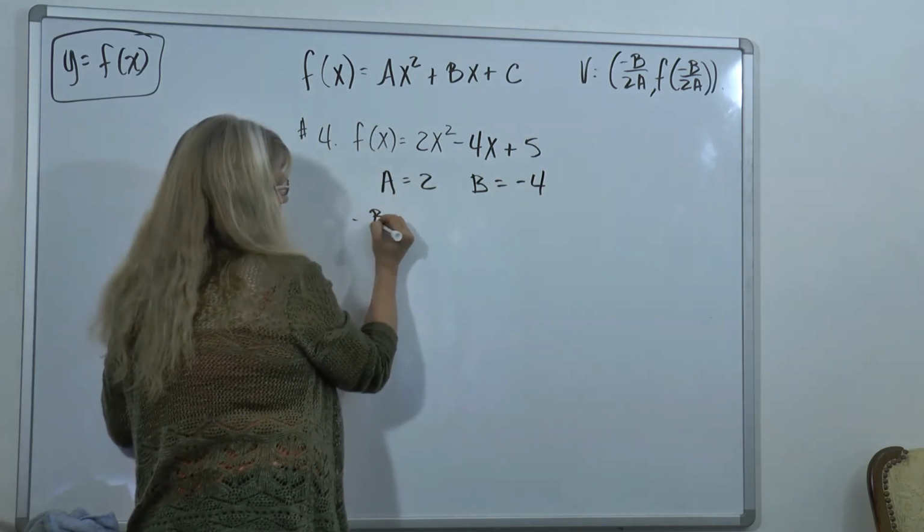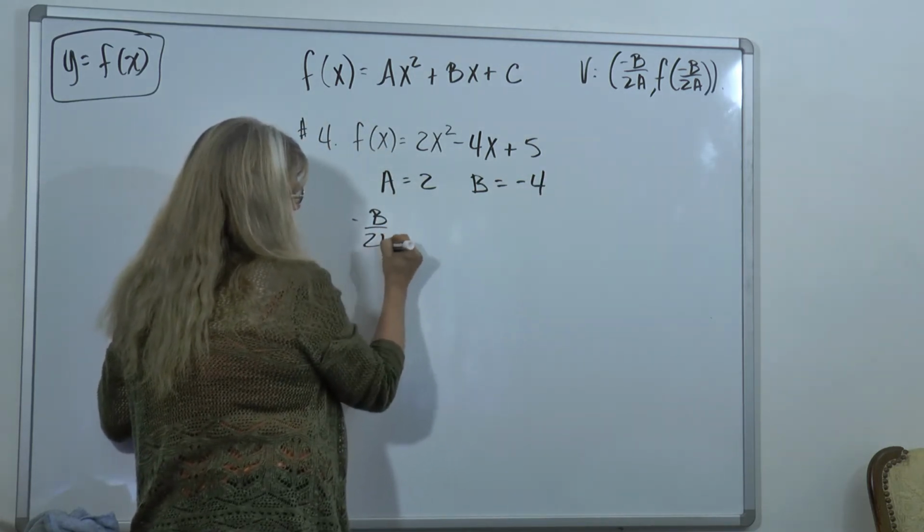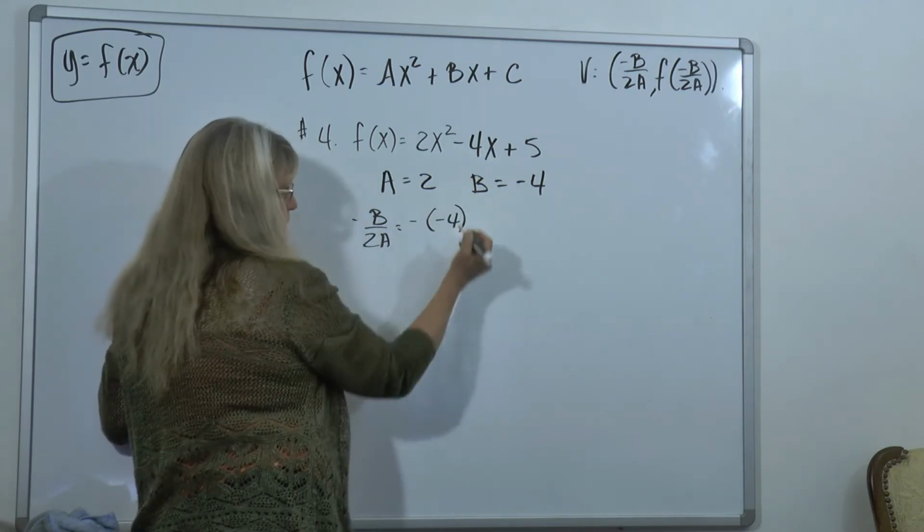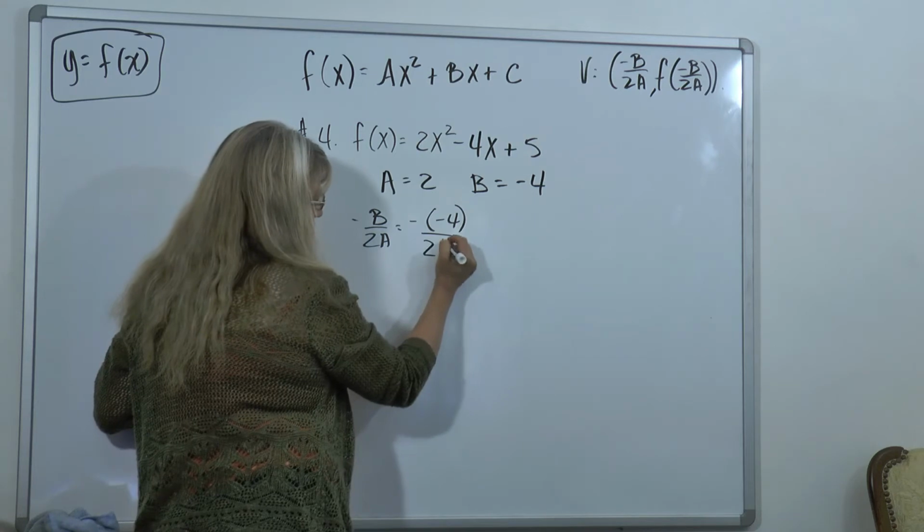So negative b over 2a is negative of a negative 4, remember be careful, over 2 times 2.